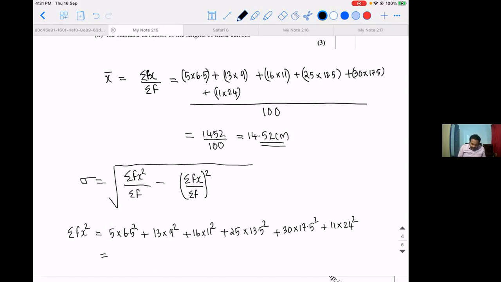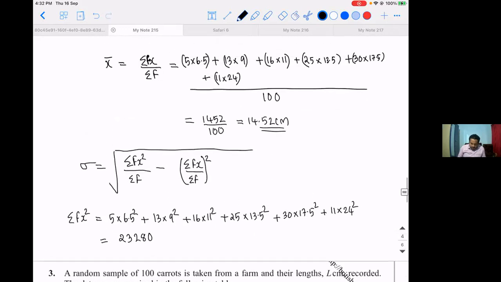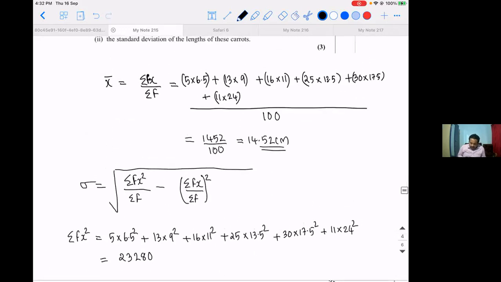And that eventually gives you 23280. So that is sigma fx square.